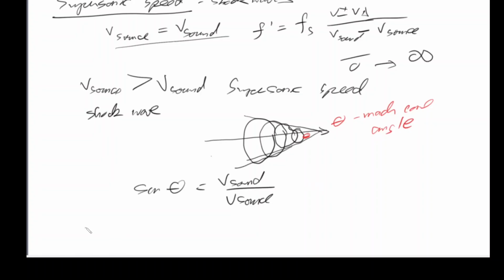We also have what's called a Mach number, and that's equal to the velocity of our source over the velocity of sound. So this becomes 1 over the Mach number. So when a jet is going Mach 2, that means it's going 2 times the speed of sound.